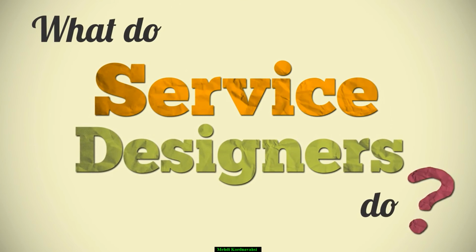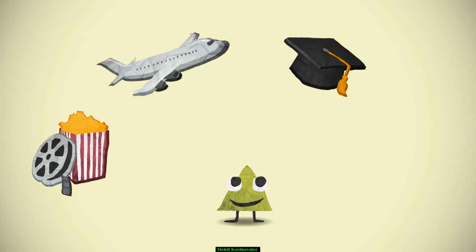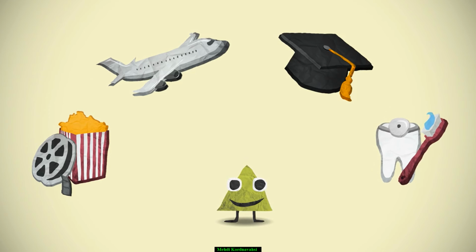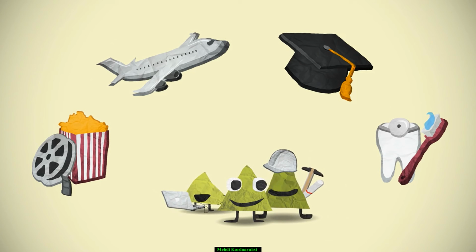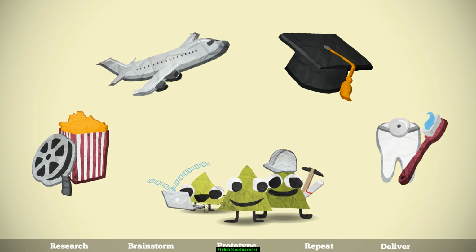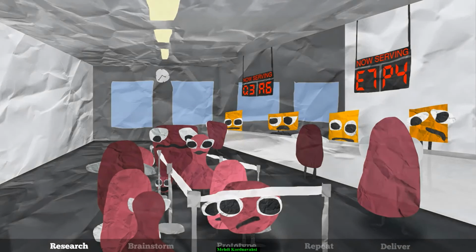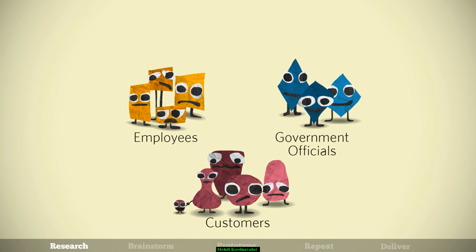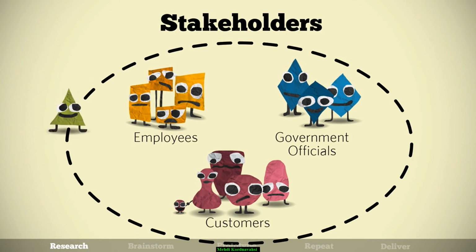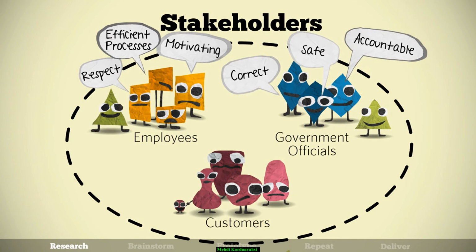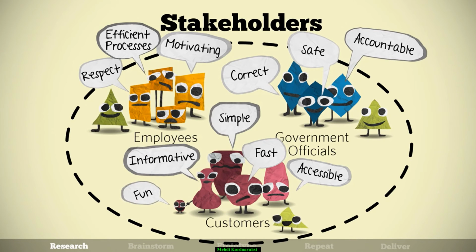So, what do service designers do? Every service is different, so there's no one procedure set in stone. However, service designers usually collaborate with many other disciplines while following these basic steps. We begin by talking to everyone involved with or affected by the service, collectively called stakeholders, to deeply understand their ideas on what an ideal experience would look like.